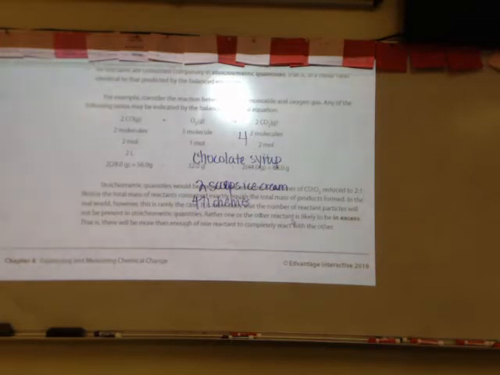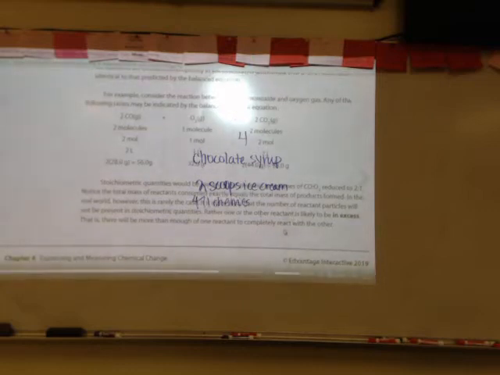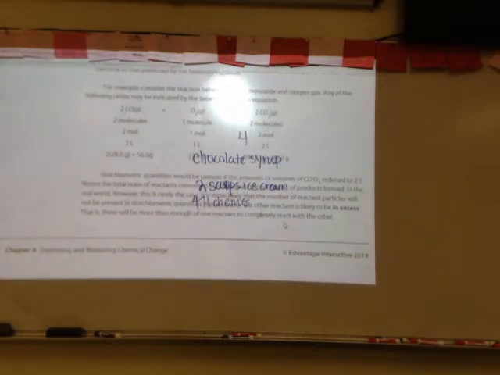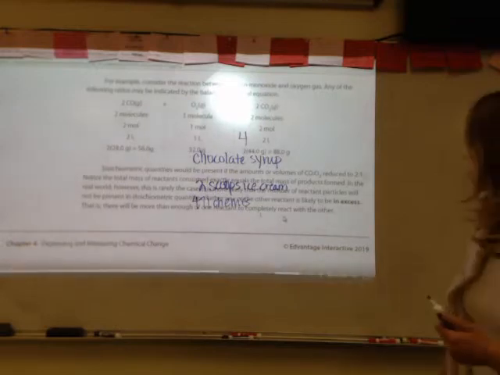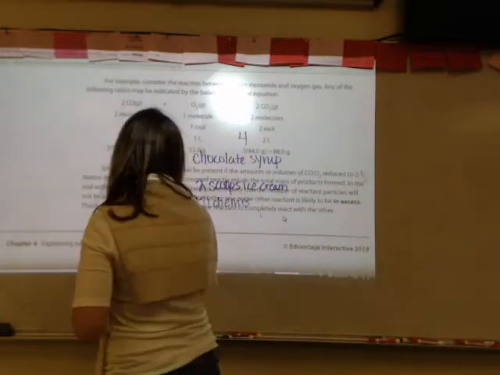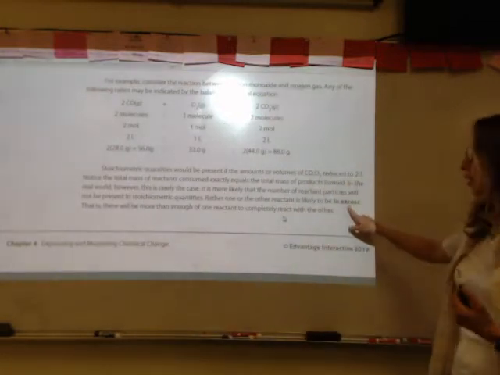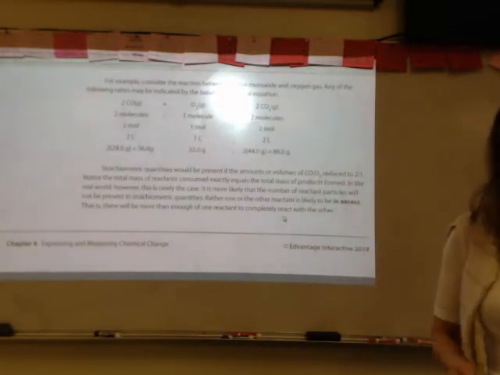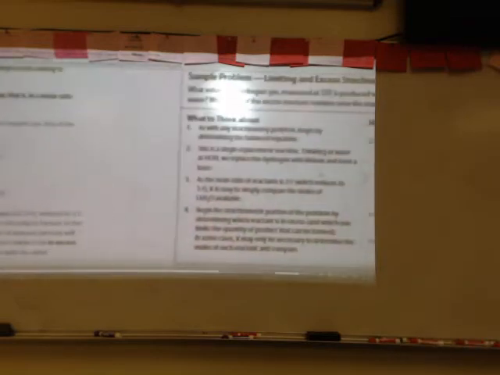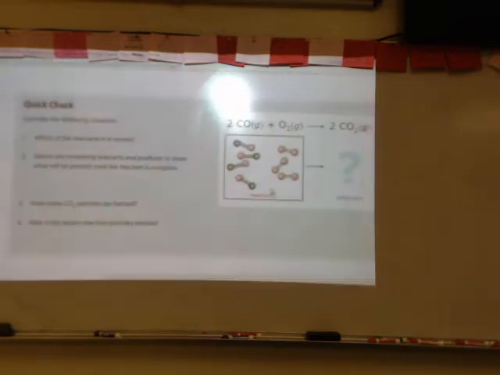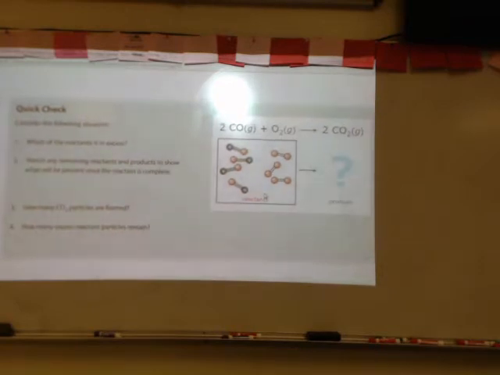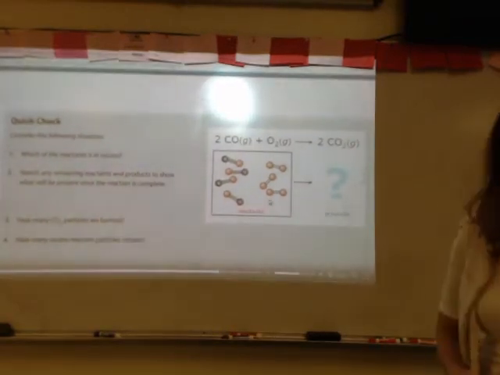That means based upon the mole ratio that's provided, it should be identical to what you're given. Now, 1 or more of the reactants is likely to be in excess. That means that you'll have more than enough of it to completely react with another, so you won't run out of it.